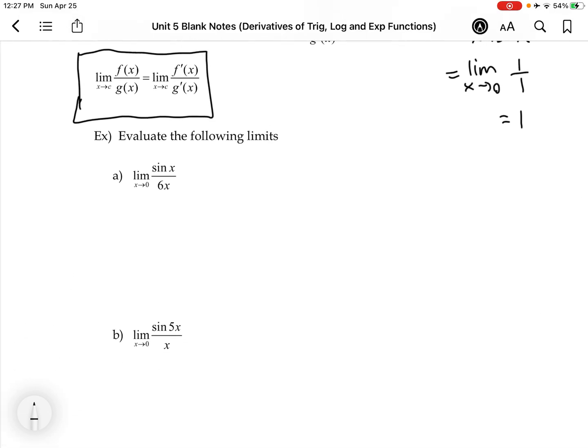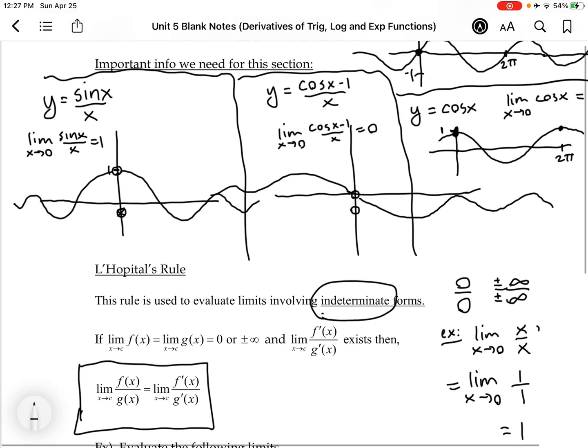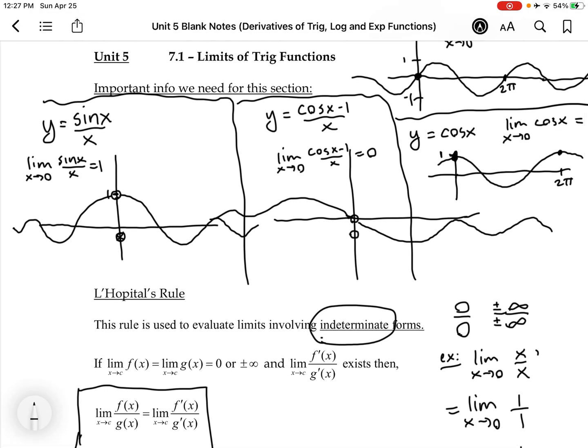Okay? All right, so what we're going to do is evaluate some limits. And if we remember what these two graphs look like, and we remember that the limit as x approaches 0 of sine x over x is 1, and the limit as x approaches 0 of cosine x minus 1 over x is 0, then we can sub in a 1 for sine x over x or a 0 for cosine x minus 1 over x.